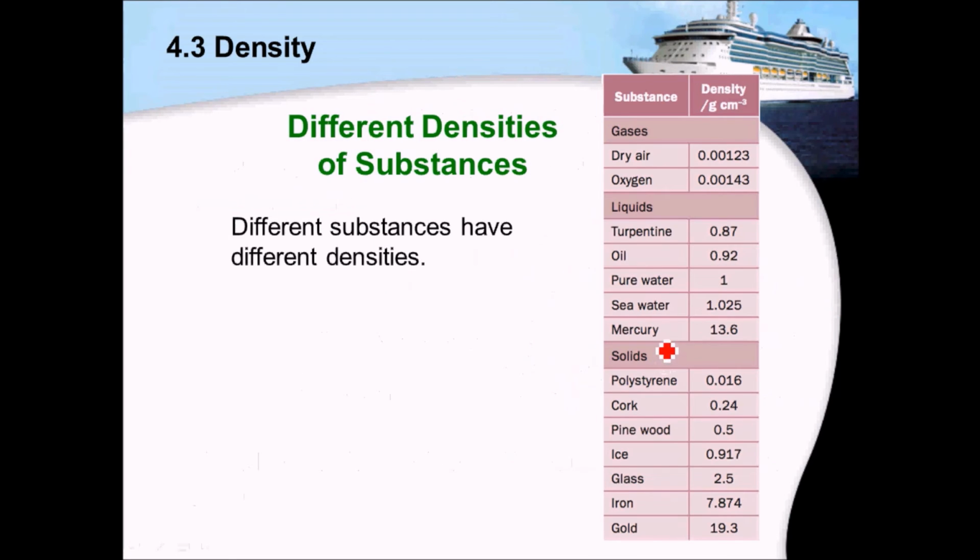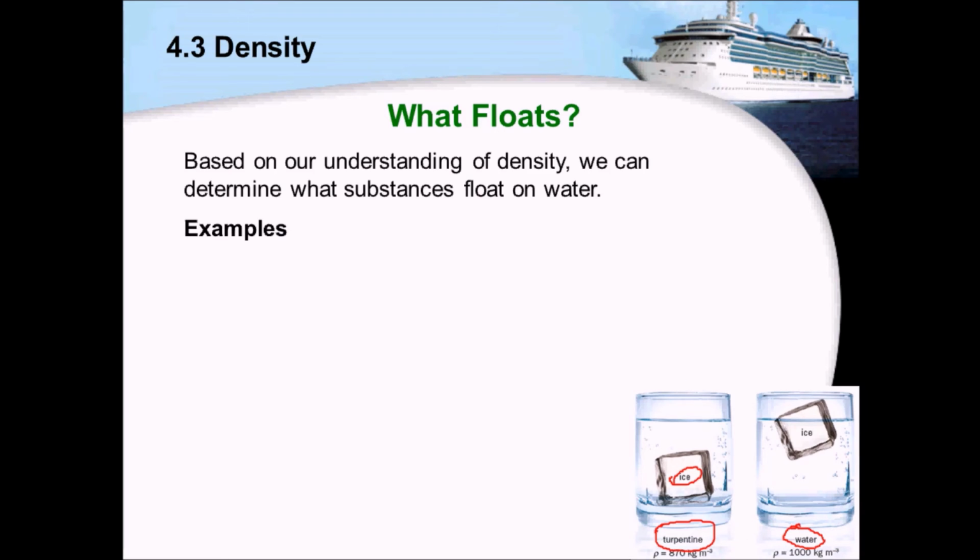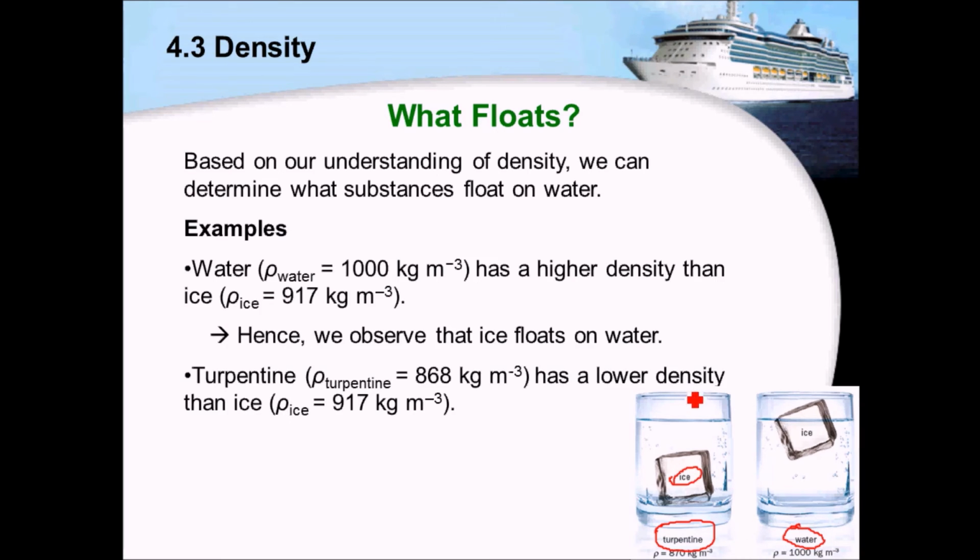So these are the densities of some of the common materials that you will find around you. So let's say you have 3 different materials. One is turpentine, the other one is ice, and the last one is water. Simply by comparing the density of these 3, you'll be able to tell which one will sink and float.